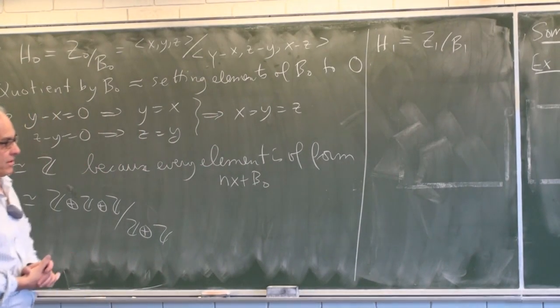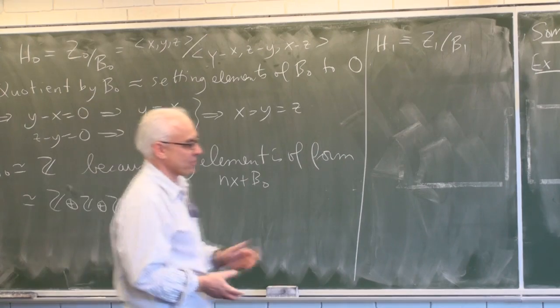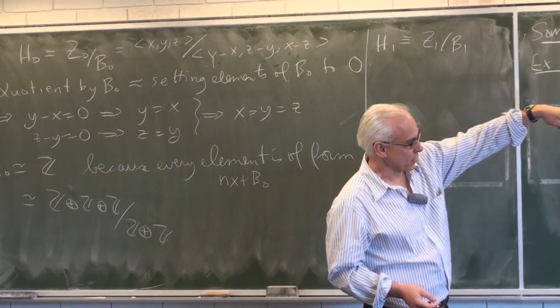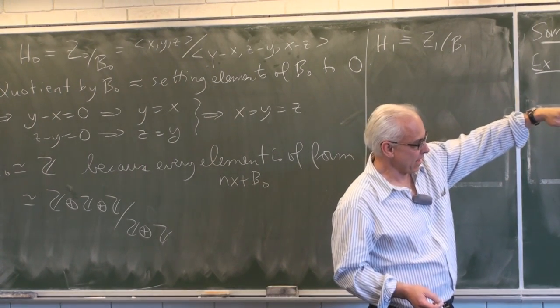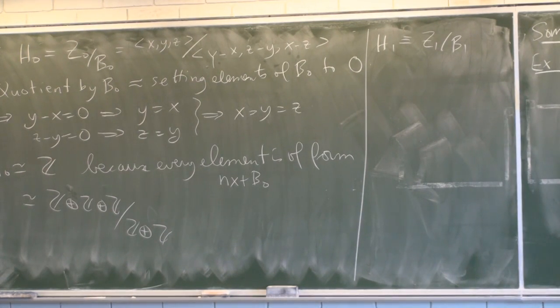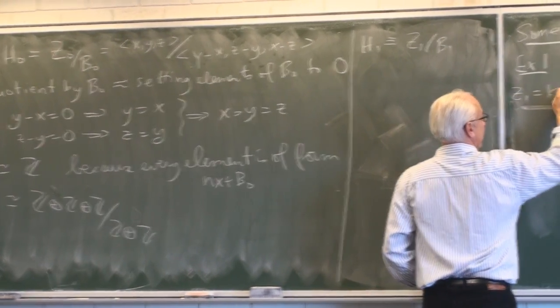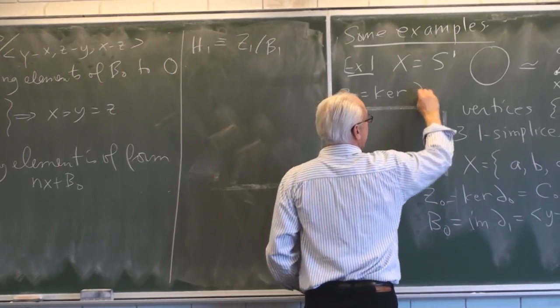So we have to calculate the kernel of del 1 and the image of del 2. So if we come back here to this picture, now we're looking inside here. And let's write down what Z1 is. It's the kernel of del 1.